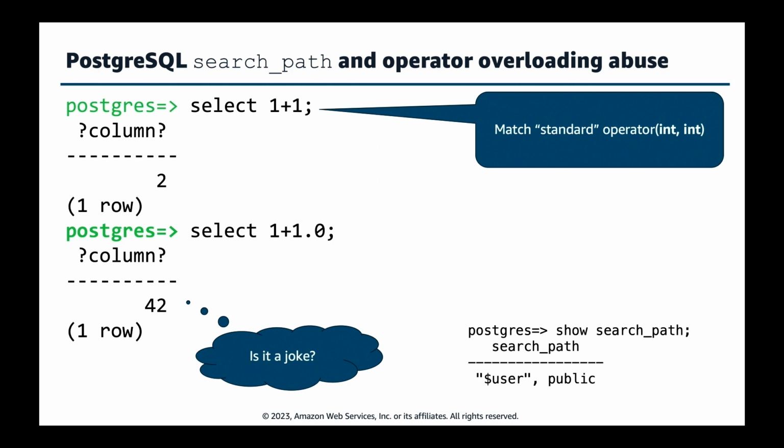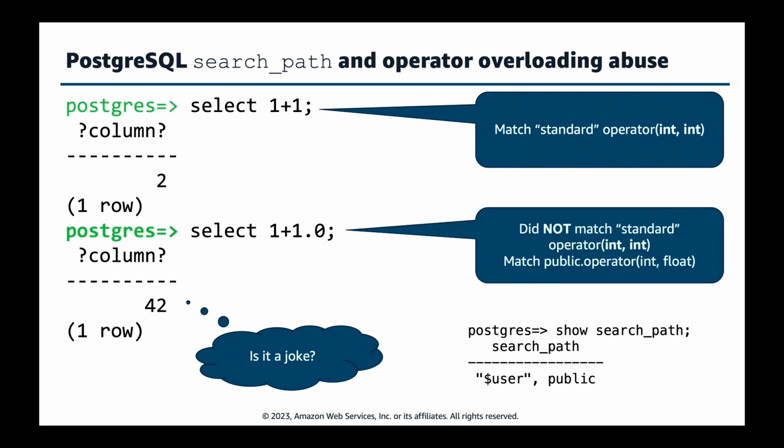In Postgres, the function only makes sense depending upon the type of the parameters that are passed to it. So this one will match the standard operator, and this one didn't match the standard operator. And because the search path is defined as user, public, it will not find this operator in the user schema, and it will indeed find it in the public schema.